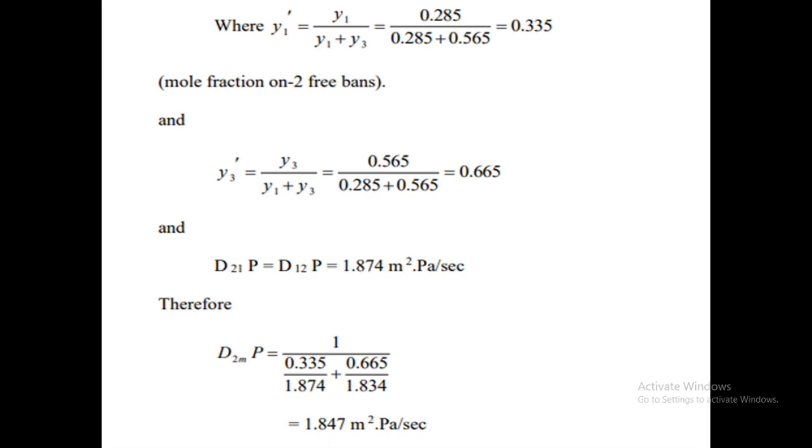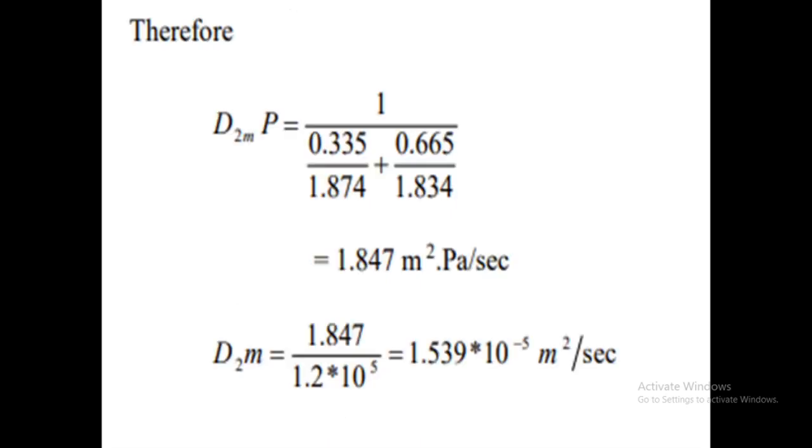So we want D2M. What do you do here? Divide with the pressure value. So finally we get the D2M value, 1.539 into 10 to the power minus 5 meter square per second. Are you clear?